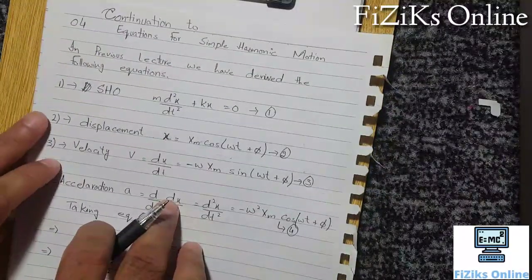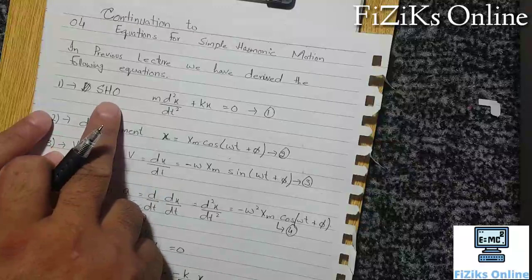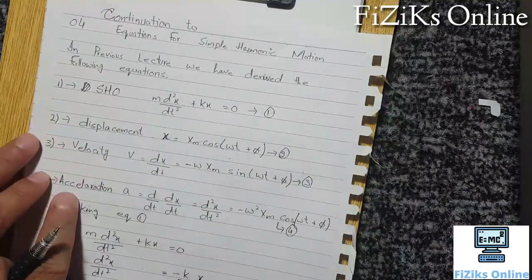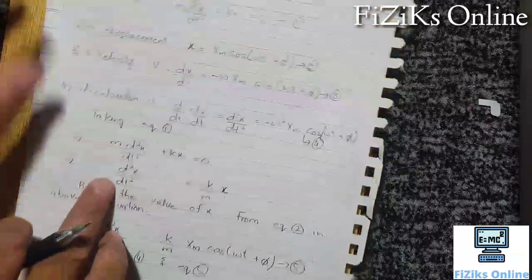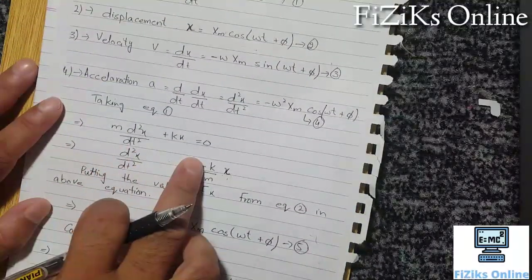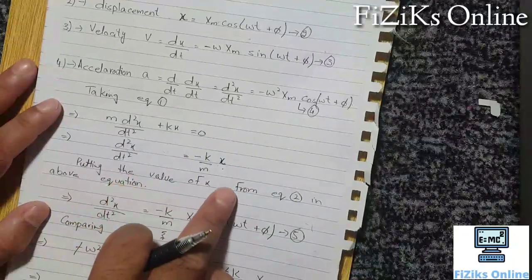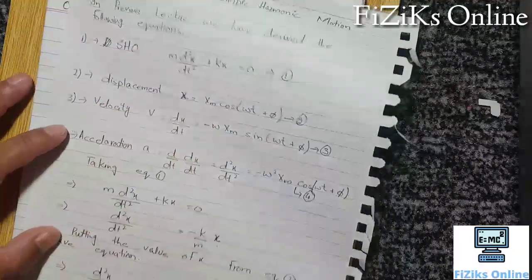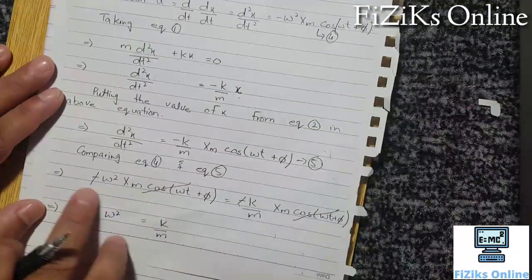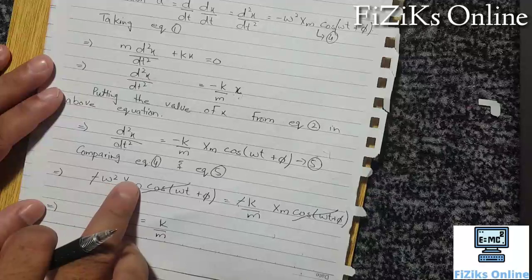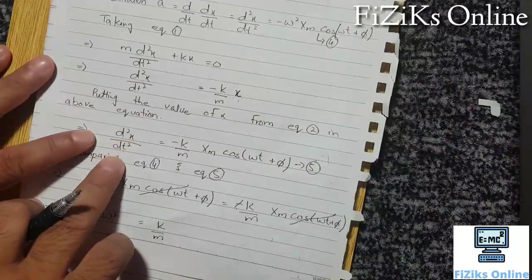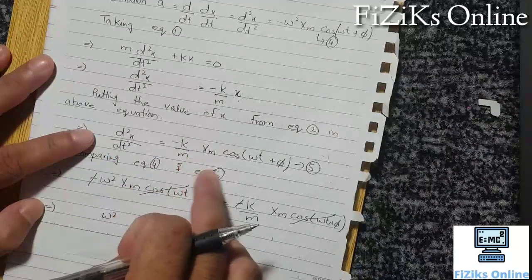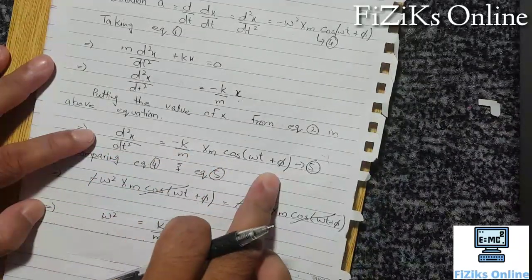Equations derived in previous lectures were for the simple harmonic oscillator: displacement, velocity, acceleration. We took the equation of simple harmonic oscillator and plugged in the value of x, the displacement, from equation 2. Further solution gives d square x by dt square equals minus k by m xm cos(omega t plus phi).